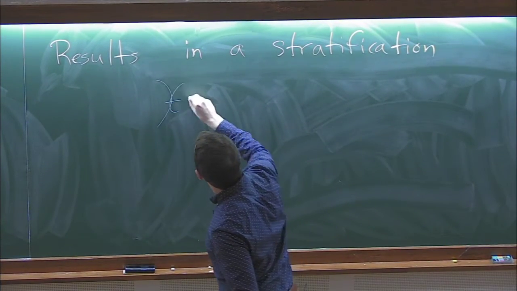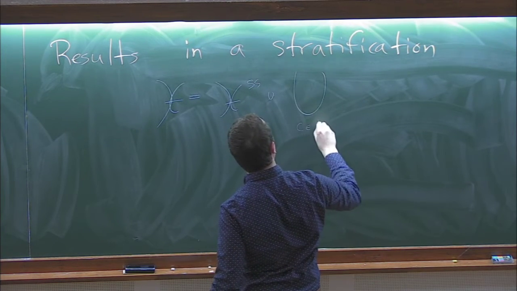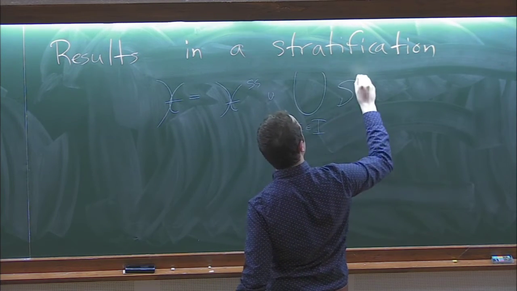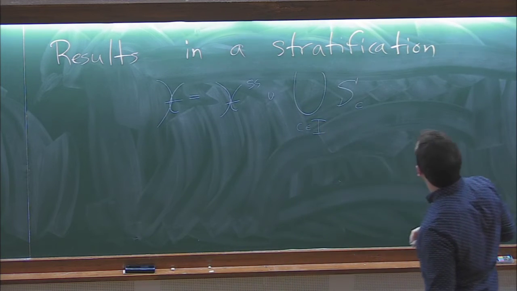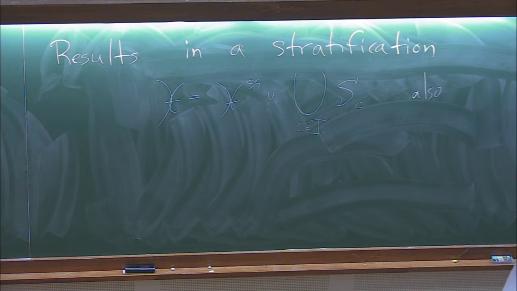X looks like some semi-stable locus, union a bunch of strata. And then also, I can think of the SC as always fibering over something called the moduli of semi-stable graded objects.